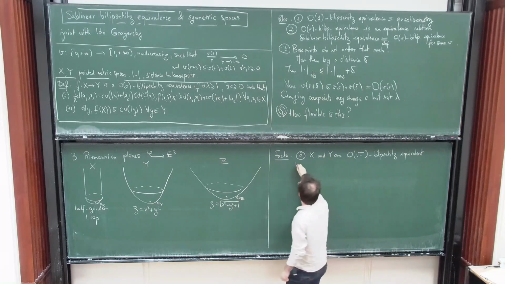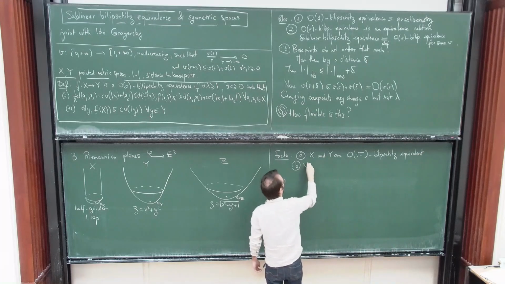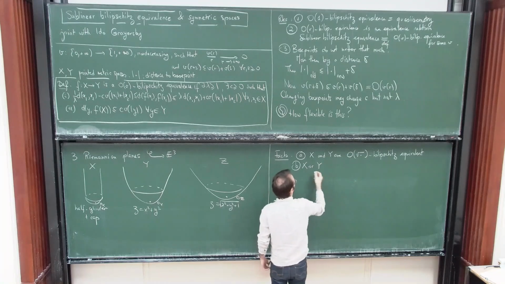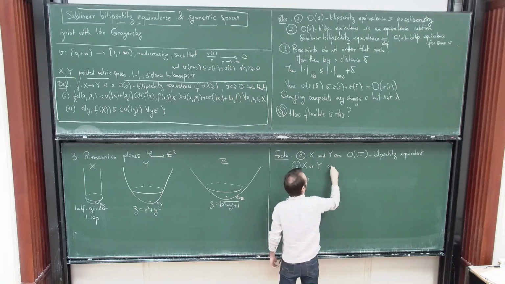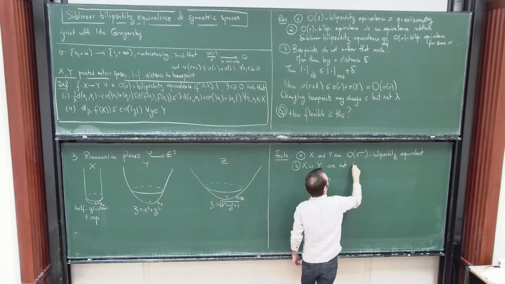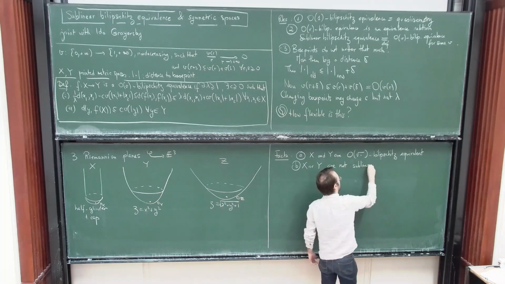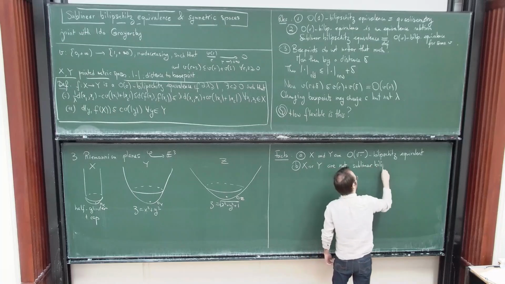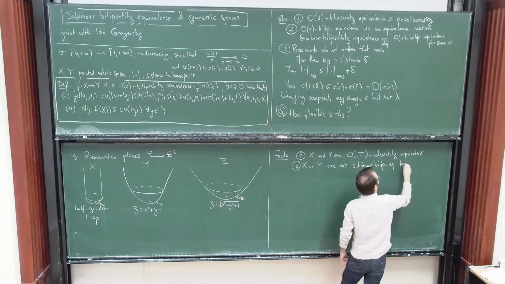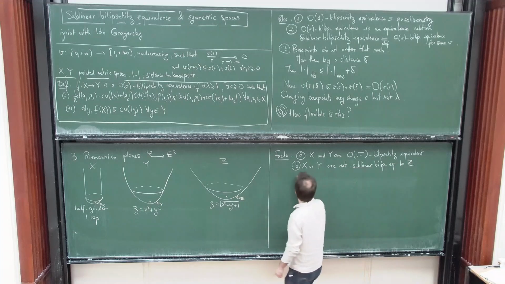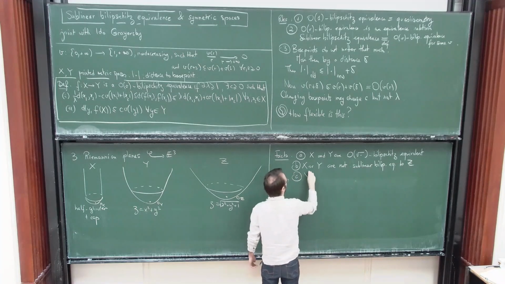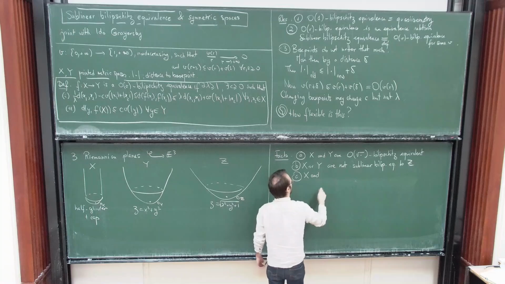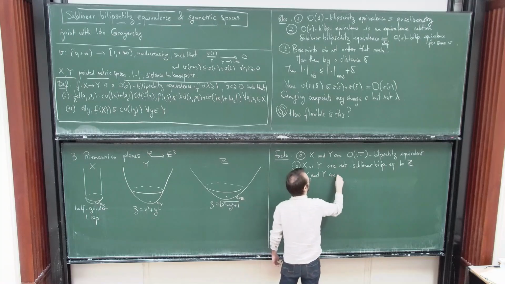The second fact is that X and Y are not SBE to Z. And the third fact is that X and Y are not quasi-isometric.